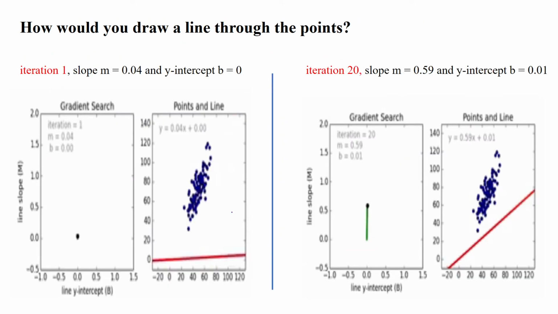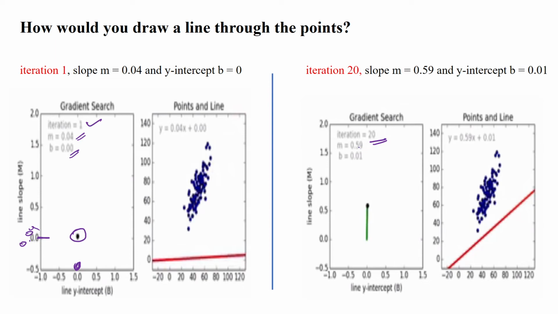Now we are updating to iteration number 1. Here slope is 0.04, and the y-intercept is 0. So y-intercept is 0, and slope is close to 0, 0.04. So that's why the data point is here. Then we are increasing to iteration number 20.